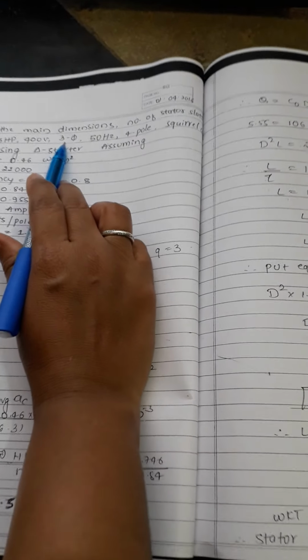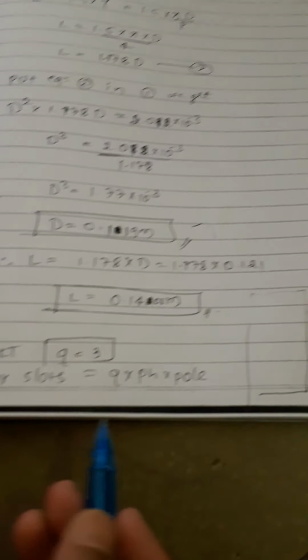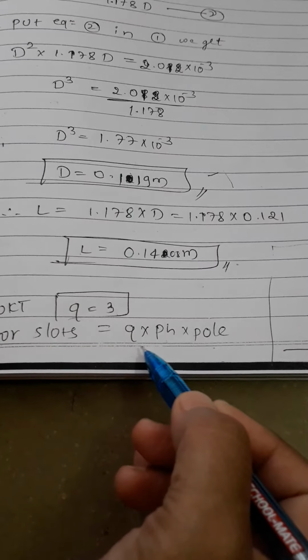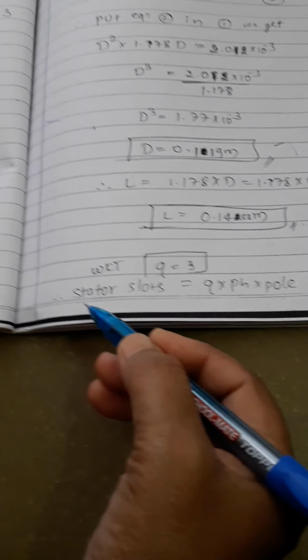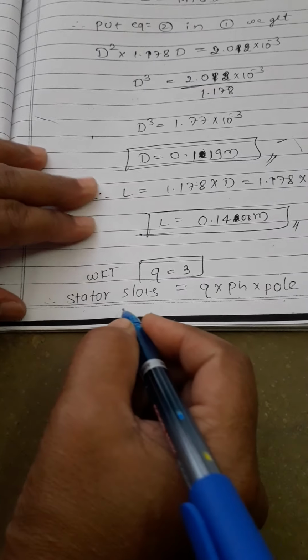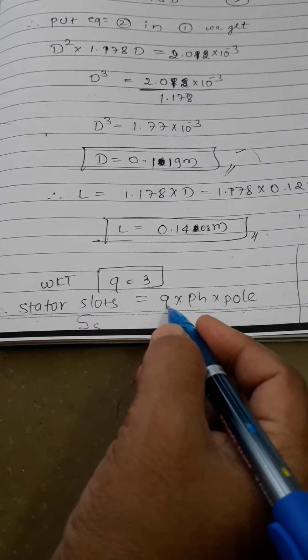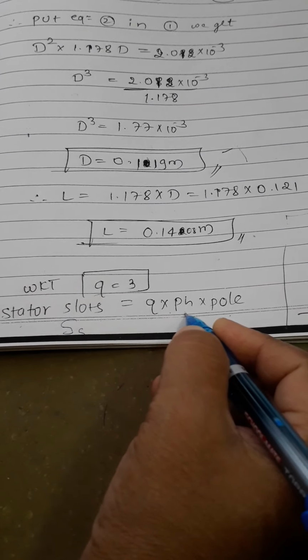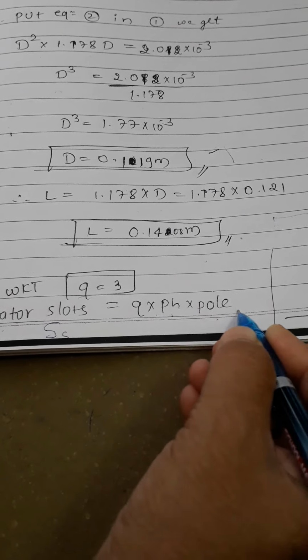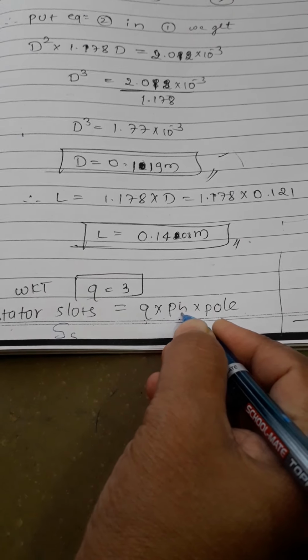Number of phases are 3. So here slots per pole per phase. So we have to write here the formula. Stator slot, which is denoted by SS. The formula is q into phases into poles. So q is 3, number of phases 3.